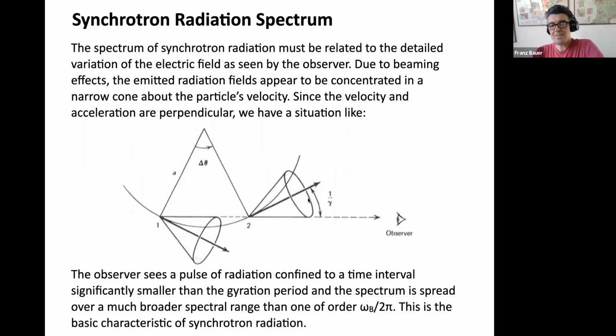And then if it moves beyond that, this cone moves out of our line of sight, right? And before this, the cone wasn't in our line of sight yet. And this angle here is roughly equal to 1 over gamma. Does this make sense?